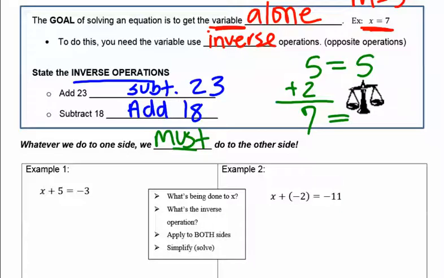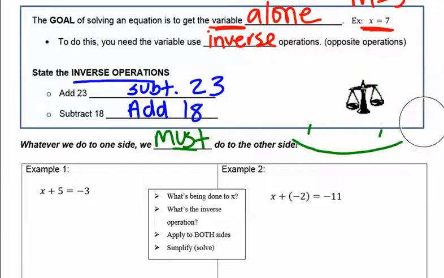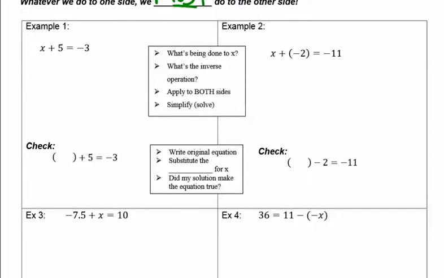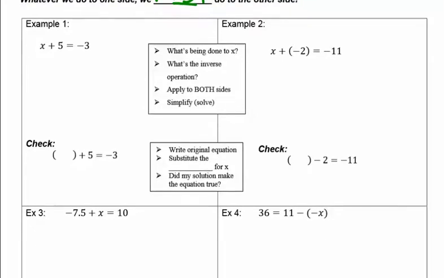If I add 2 here, I gotta add 2 there to keep it balanced. That's super important. Whenever we're solving, I like making a little divider through the equal sign to help me know what's on each side.